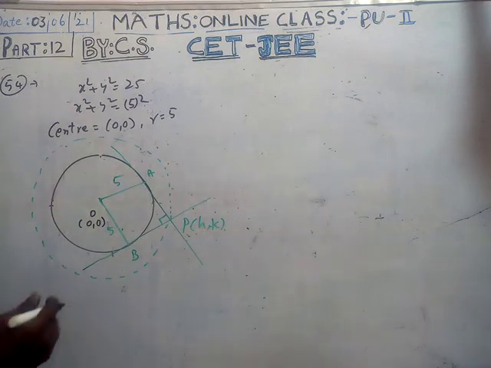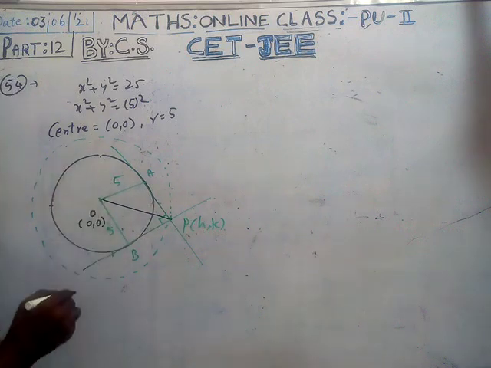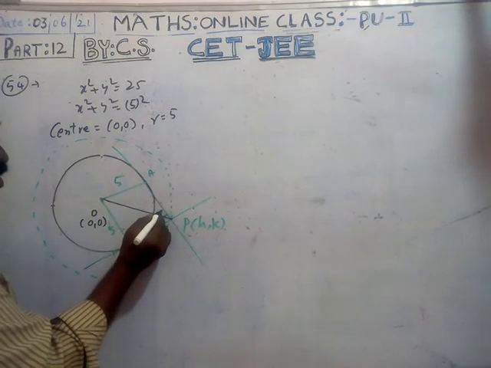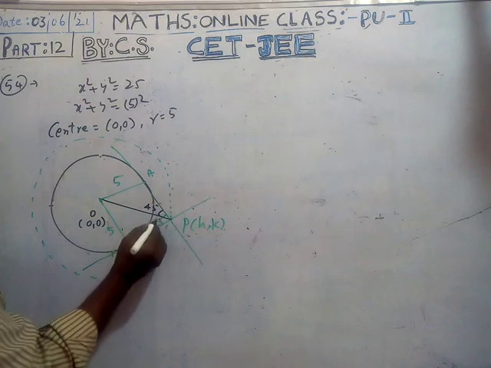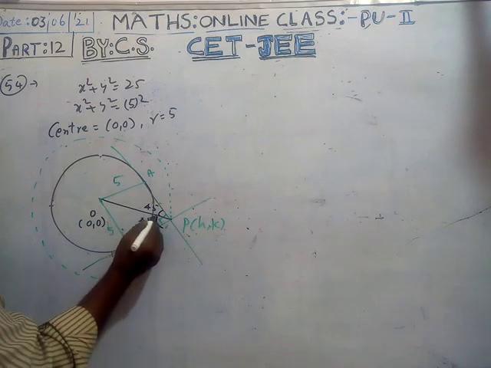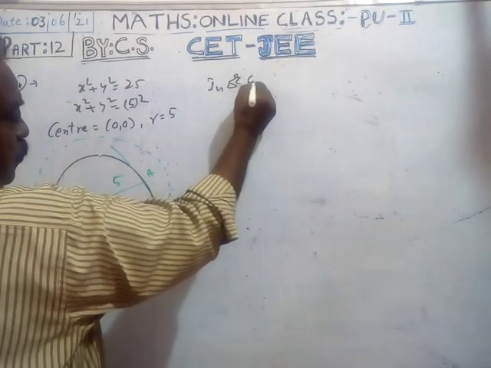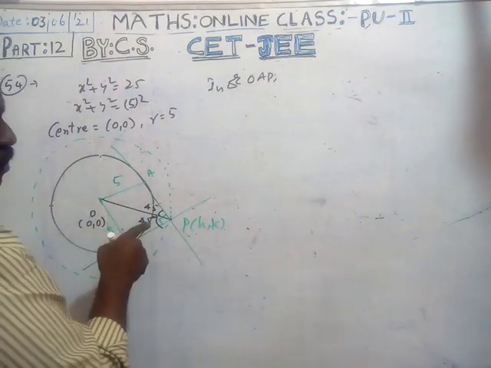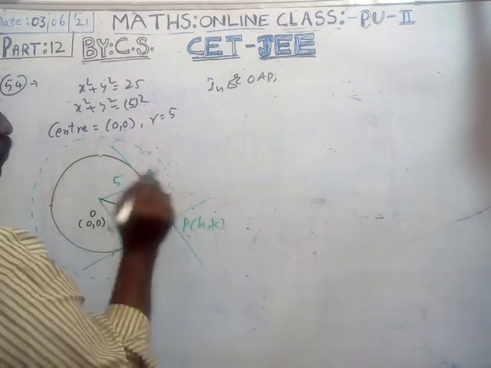Now you see, how can we find a condition? We join O and P, the center and the point of intersection. Note it bisects, so here it is 45 degrees, it is also 45 degrees. Now, in triangle OAP or OBP, it is a right angle triangle. Here it is 90, here 45, so it is also 45.